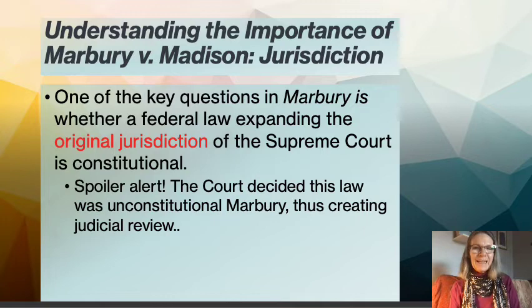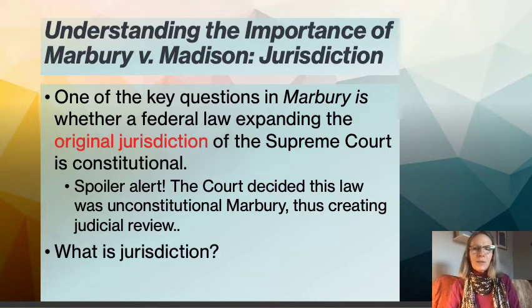Spoiler alert: the court decides that the law that expands the original jurisdiction of the Supreme Court is unconstitutional, and they overturn that provision of the law, and thus they create the power of judicial review. Basically, John Marshall, the Chief Justice, says that the Supreme Court has the power to void laws that are unconstitutional, and that the law brought before them in Marbury versus Madison was in fact unconstitutional. So what is jurisdiction?